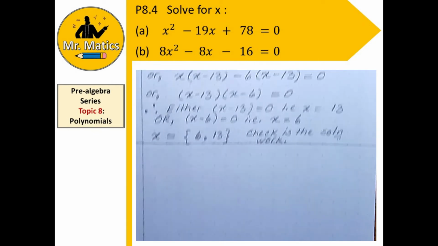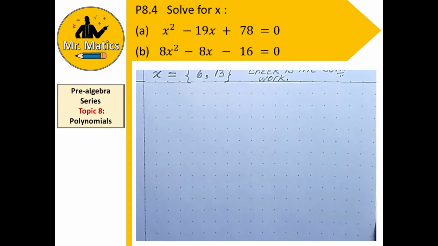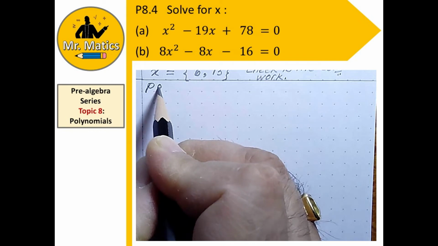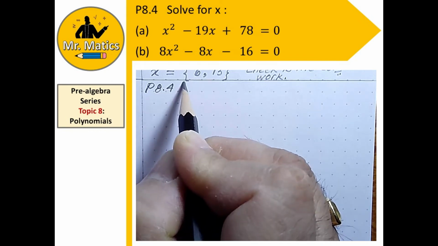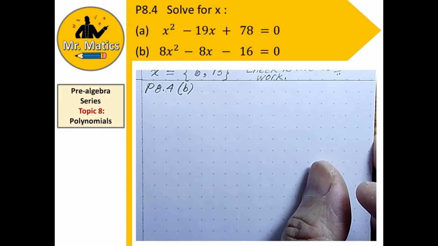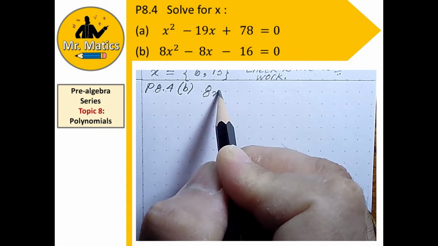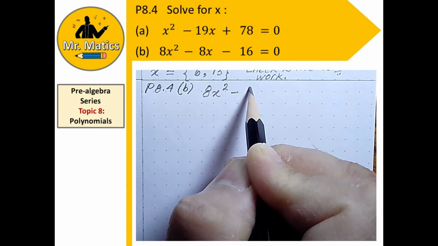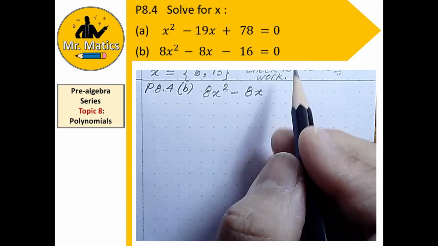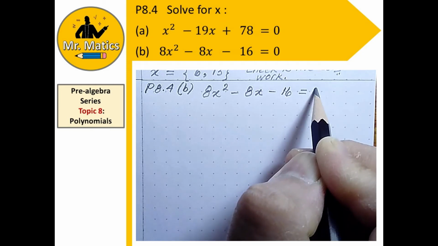So that's part A. Then let's move to part B. Eight x squared minus 8x minus 16 equals 0.